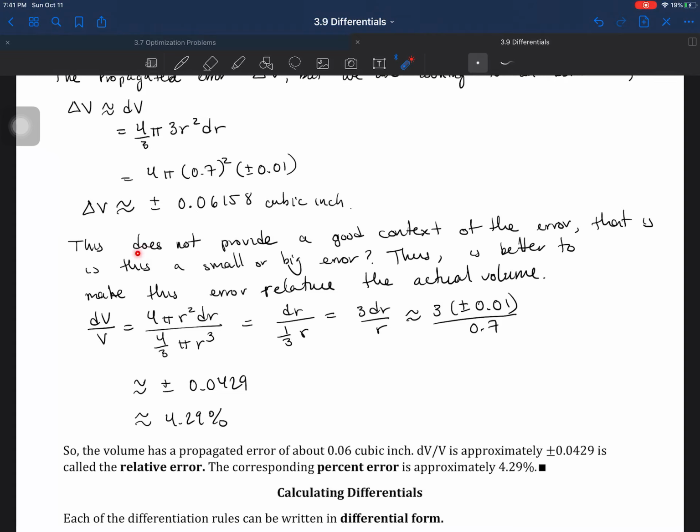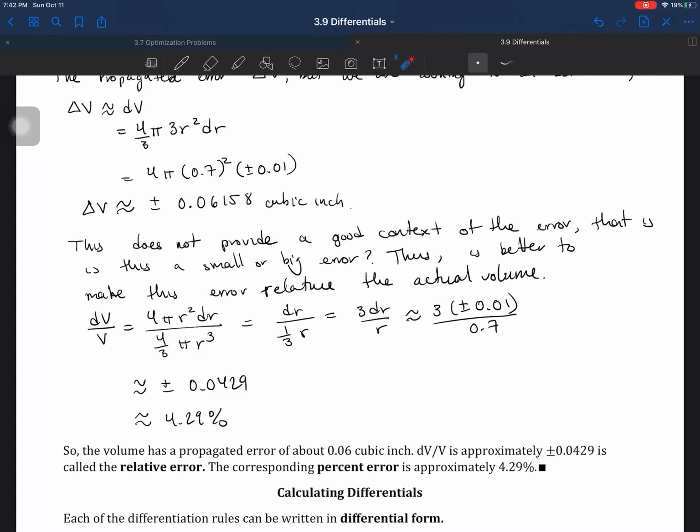So a lot of times we say, well, this does not provide a good context of the error. Is this a small or a big error? Thus, it is better to make this error relative to the actual volume. So what we're going to do is take the propagated error and divide it by the actual volume. So we have the propagated error, 4 pi r squared dr over 4 over 3 pi r cubed, simplified by canceling the pi's, canceling the 4's, canceling r squared with two of the r's in the r cubed.